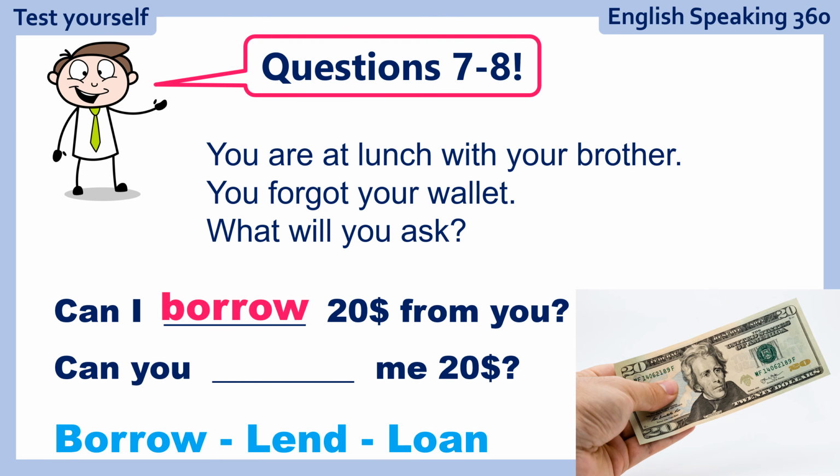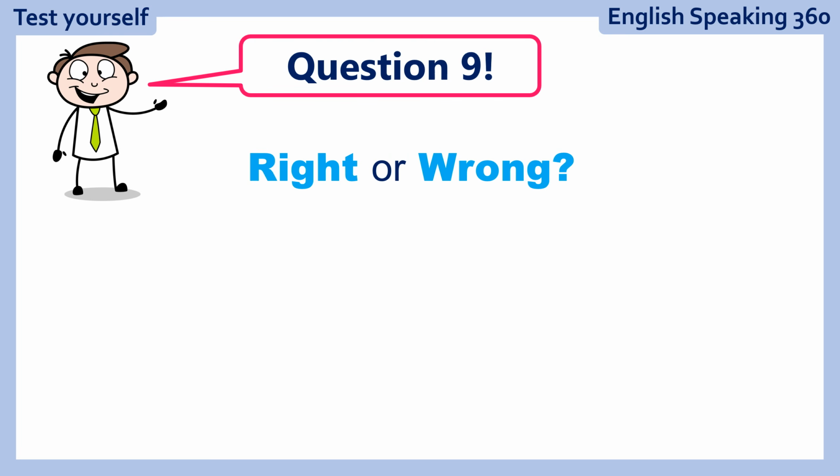Or you could say, can you blank me $20? Can you lend me $20? Once again, lend plus person. You could also say, can you loan me $20? But it is less common. So if I were you, I would say, can you lend me $20?